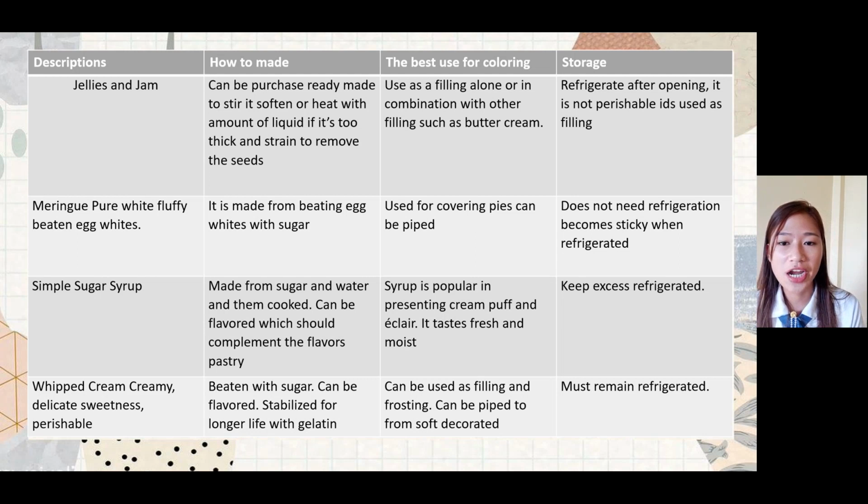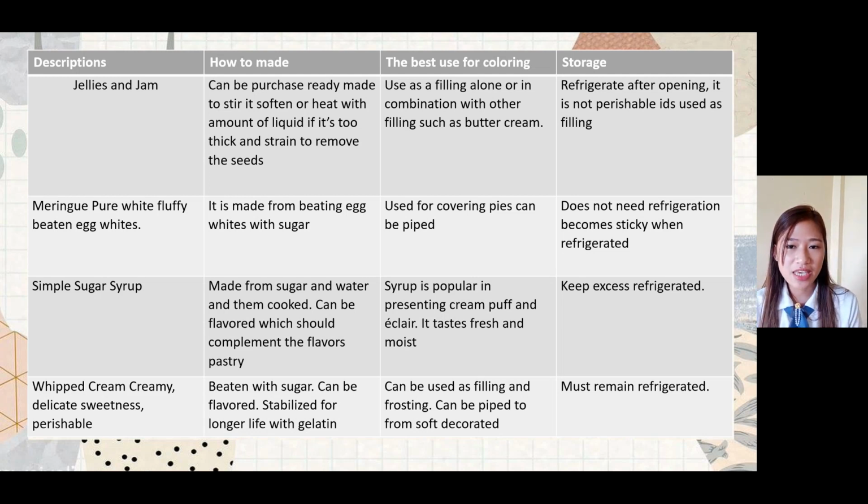And then you add sugar to make it good and have a flavor. It depends on your taste, and then put some powdered gelatin to be set. It means you will cook the gelatin and add it to the cream so it becomes sticky, so we can pipe it well in our cakes or in our pastries.